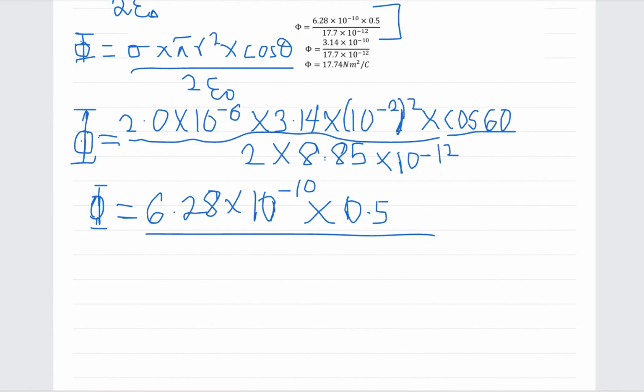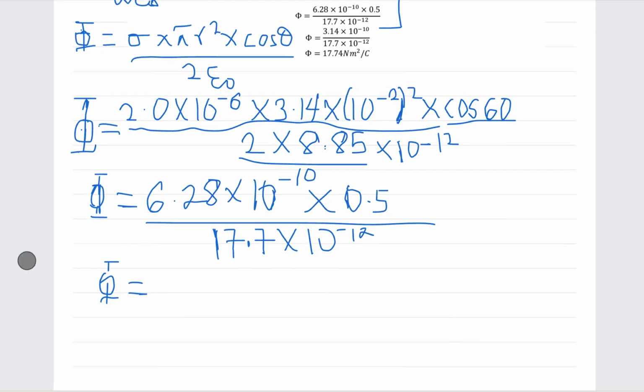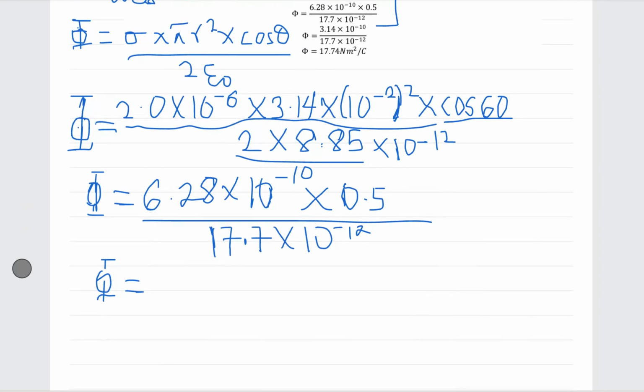So if you multiply the denominator together, you are going to have 17.7 times 10 raised to power minus 12. So what we did first is multiplying these together. Then now your phi will be equal to 6.28 times 10 raised to power minus 10 multiplied by 0.5.